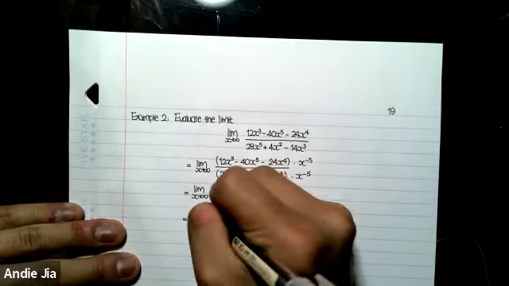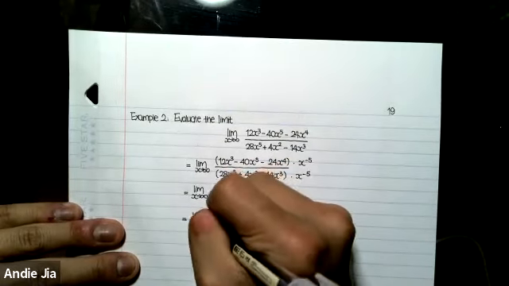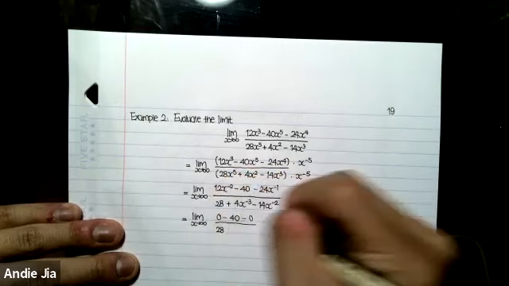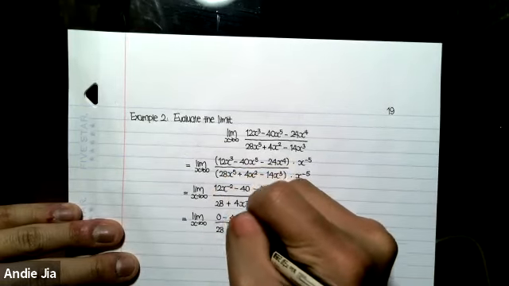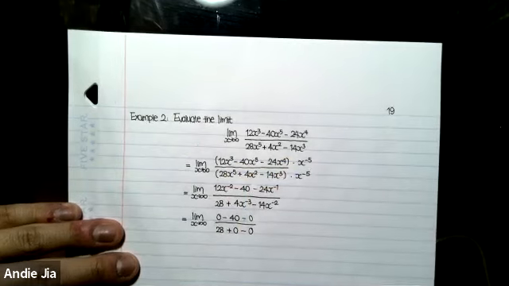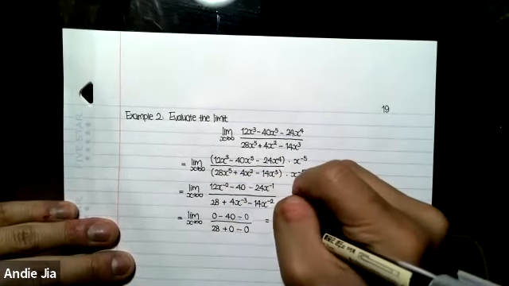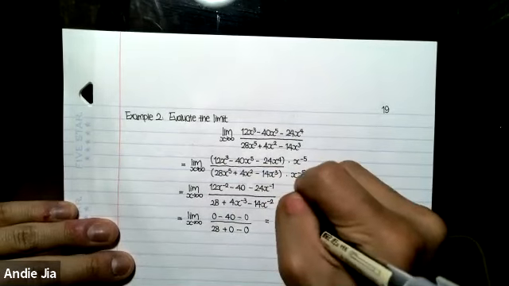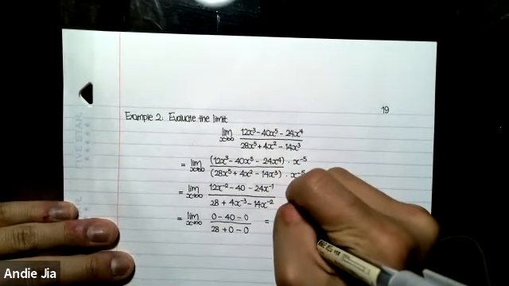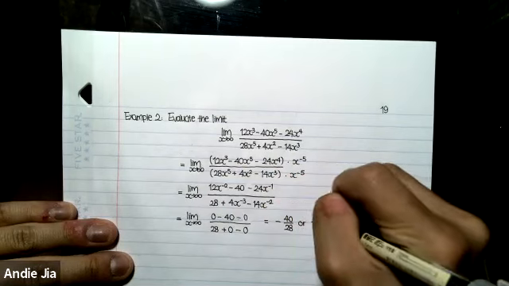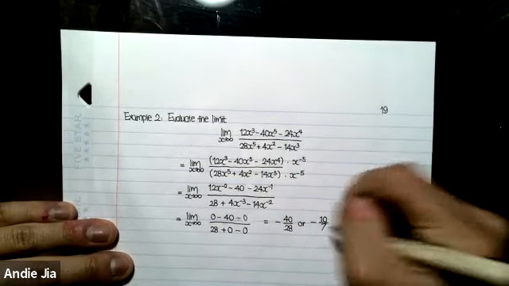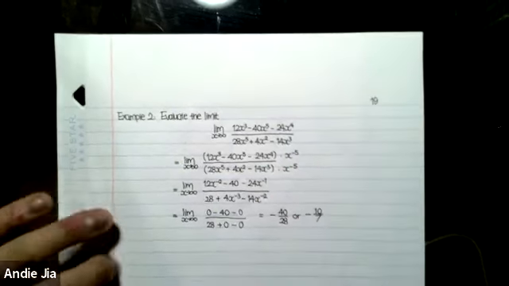A 0 over 28 plus a 0 minus a 0. So we get negative 40 over 28, or negative 10 over 7, as our final answer.